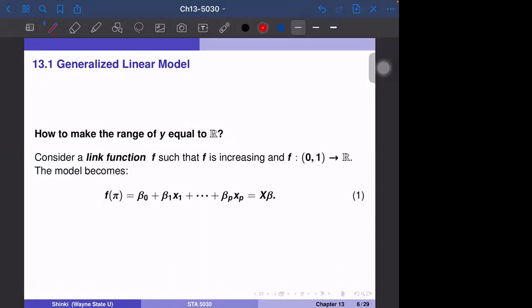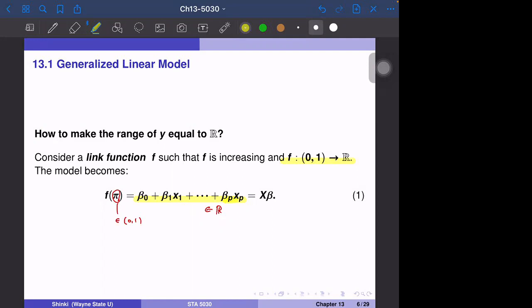Another problem is that the linear combination of the intercept and x1 to xp ranges from negative infinity to positive infinity. But pi is a probability, so it ranges from 0 to 1. So we have some trouble. We think about a function f from [0, 1] to the entire real numbers, negative infinity to positive infinity, so that this model works well.